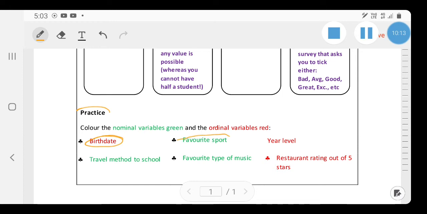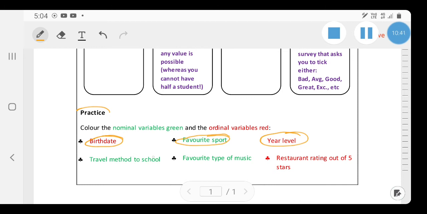Favourite sport? Well, if you ask 10 people to write down their favourite sport, you can't say that tennis comes before cricket in any kind of meaningful mathematical way like we did for birth date. So that's a nominal variable. Year level. So year 7, year 8, year 9, year 10. Obviously they can be ordered. So that's an ordinal variable.